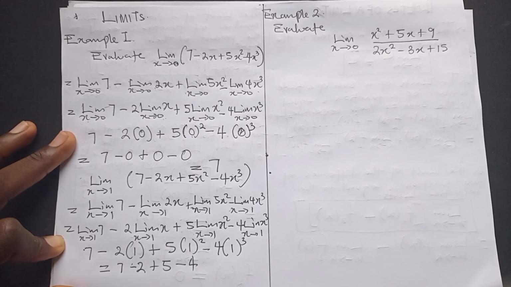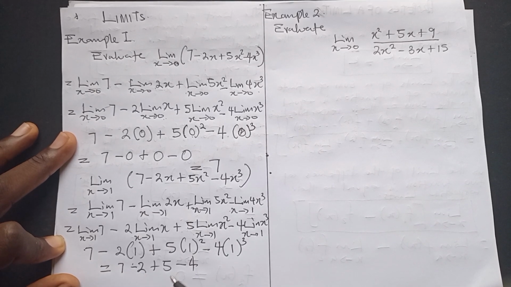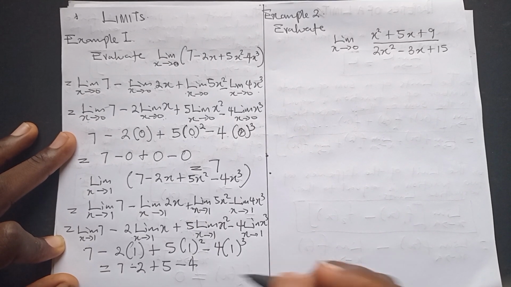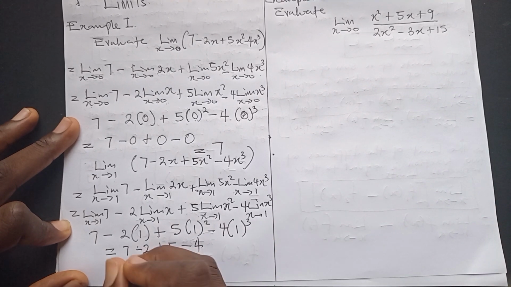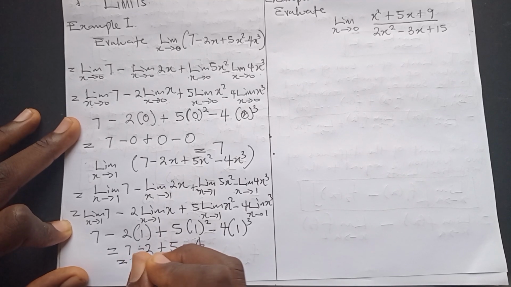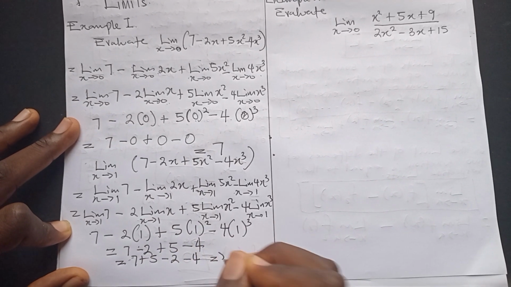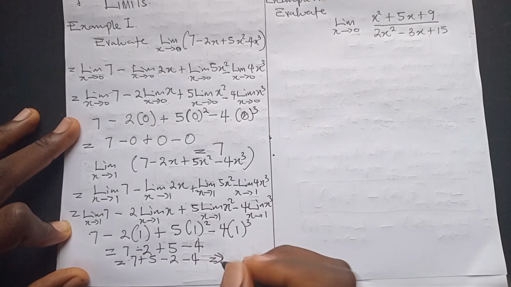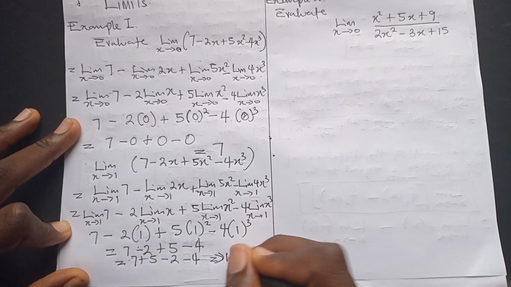If you sum up, or we can rearrange it, this is still the same as 7 plus 5 minus 2 minus 4. 7 plus 5 gives you 12.